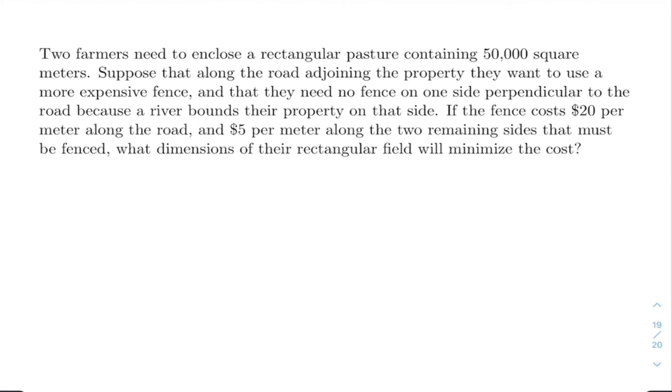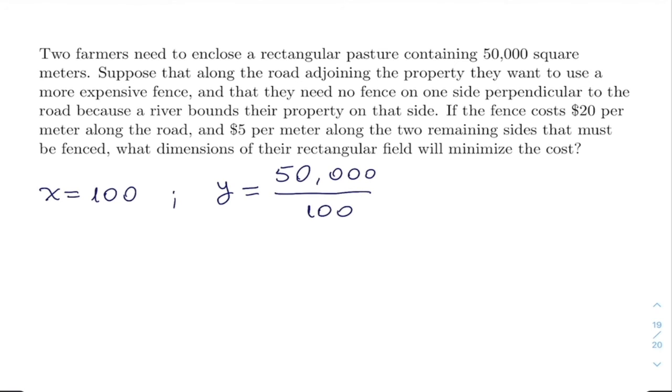So going back to our problem, we need to find what are the dimensions of the rectangular field. So we found that x has to be equal to 100, and we had that y was 50,000 divided by 100.